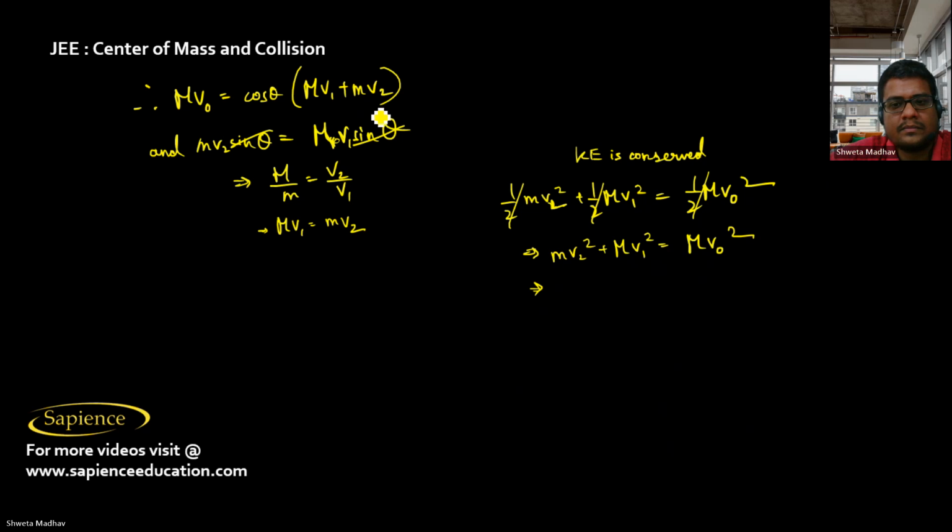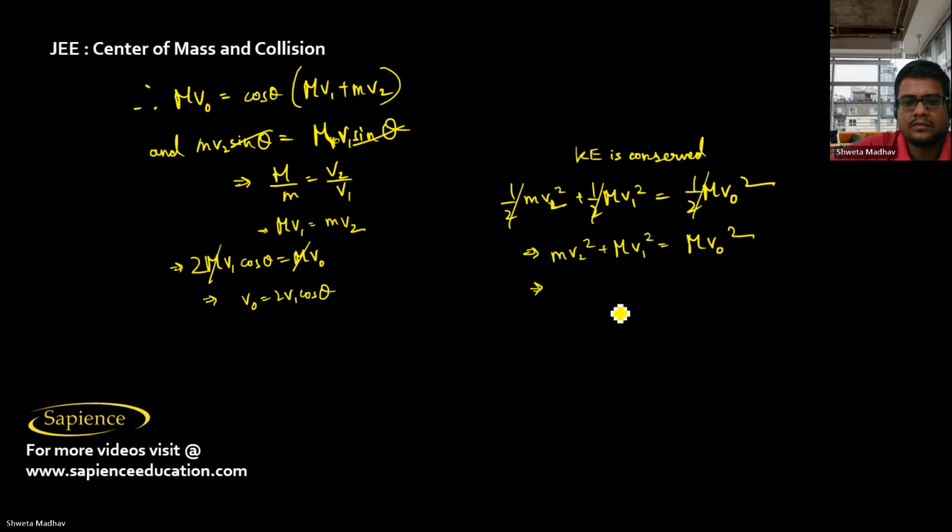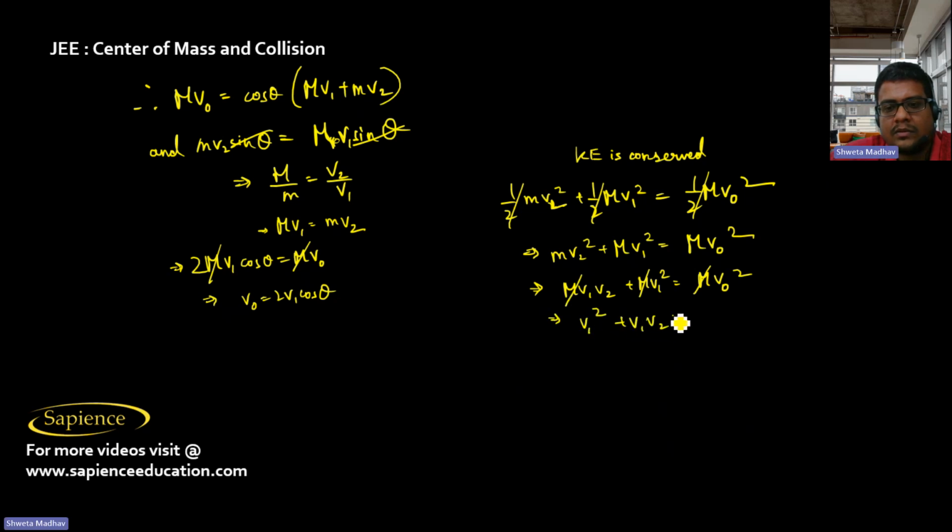These two are the same. Therefore M v1 into cos theta is equal to M v naught over 2, so M will cancel out, and v naught equals 2 v1 cos theta. So m v2 is equal to M v1. So M v1 v2 plus M v1 square is equal to M v naught square. M I can cancel. So v1 square plus v1 v2 equals v naught square.